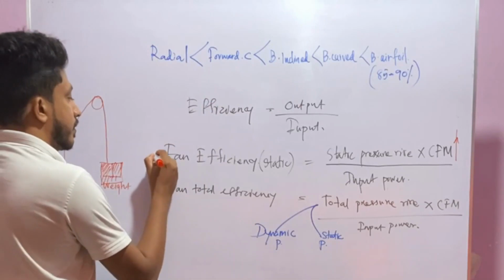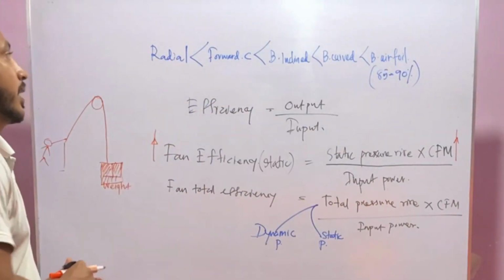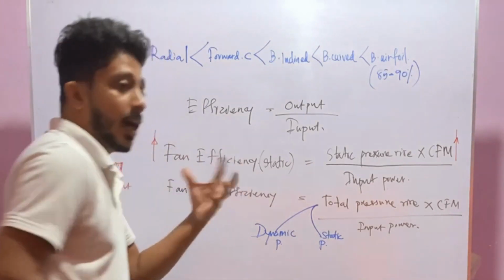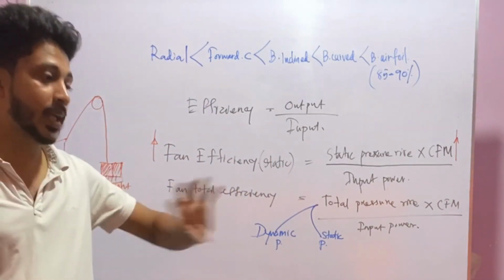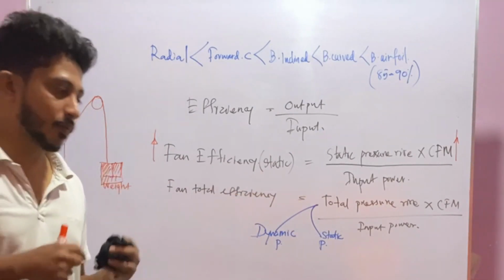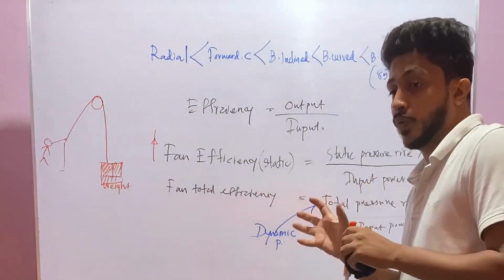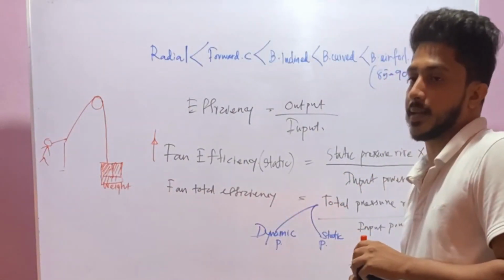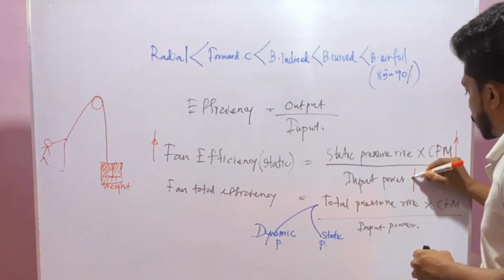That means this fan efficiency should be increased, but if the airflow is increased, more volume of air will be handled. That means we have to give more energy to the fan. That means this input power is also increasing.